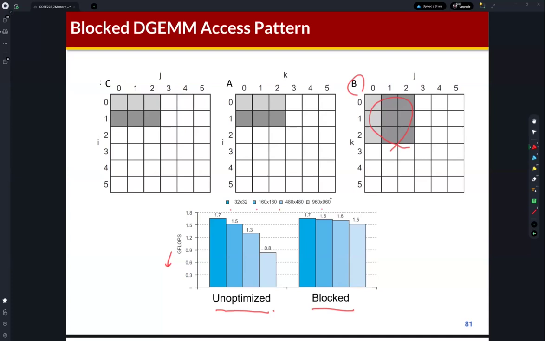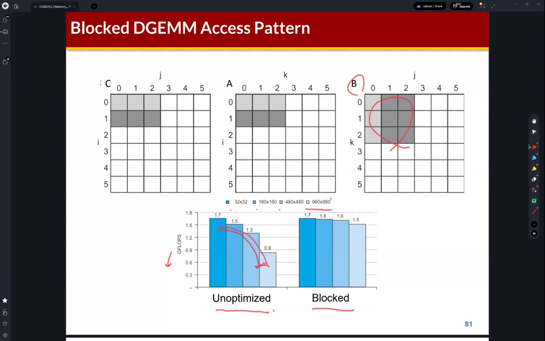For the unoptimized version, you can find that the performance is reduced if the size of the matrix is increased. Why? Because large matrices cannot utilize the cache. Even though we can observe locality, because the cache size is small, this locality is not utilized in the cache, which means the hit rate is low.